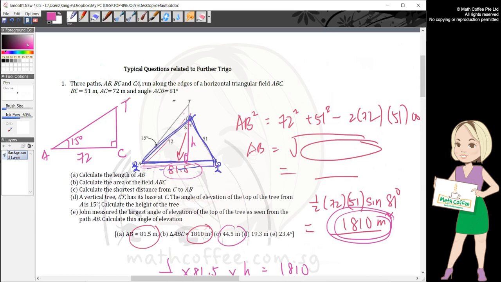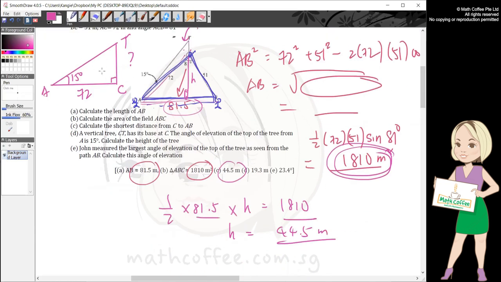Then after that, when they ask, calculate the height of the tree. Oh, so they're actually asking you to find this one. So when you draw out a proper right angle triangle, rather than looking at this, which doesn't look like a right angle triangle, then you don't know how to visualize and say that this is actually just using SOH CAH TOA. So always make the effort to draw it out. Then based on this, this is my opposite, this is my adjacent, and this is my hypotenuse.